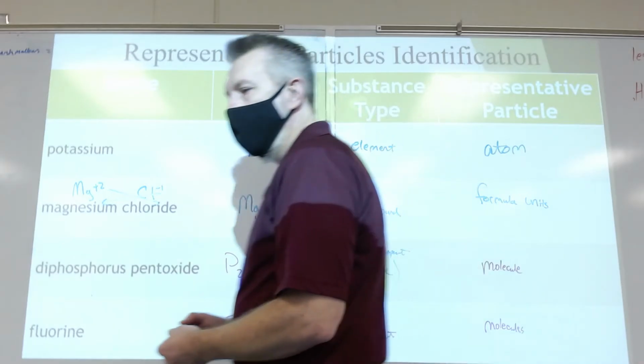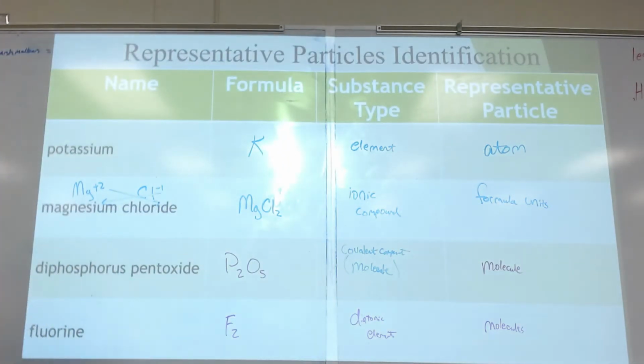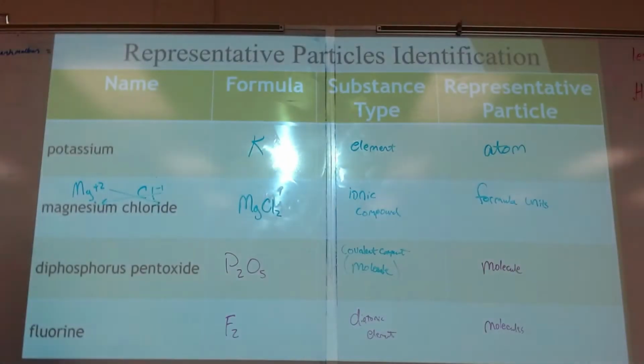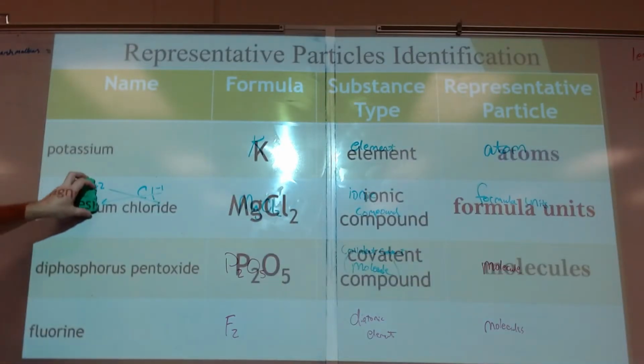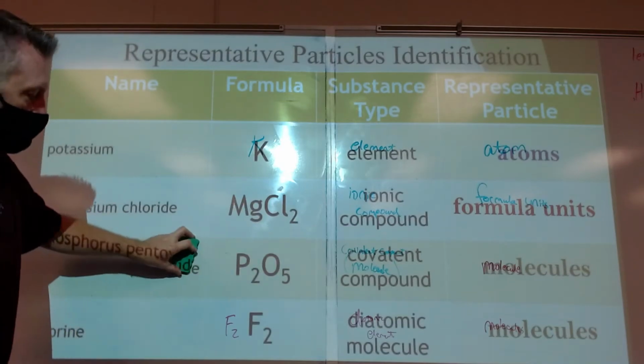They're not compounds because they're not two different things sharing a covalent bond. They're the same, but they are a molecule. Good. Let's see if I made any mistakes here. I did okay.